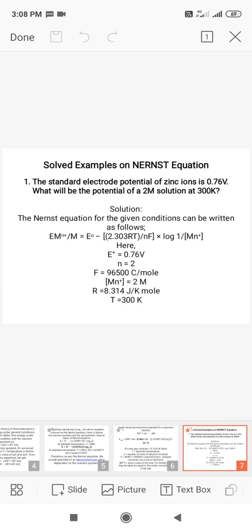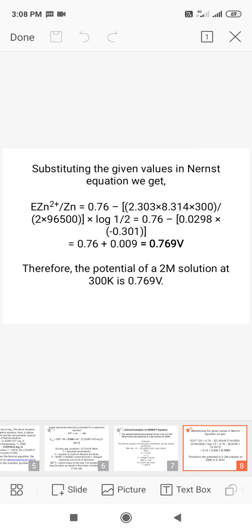By substituting all these values in the above equation, we get the EMF of the zinc electrode equal to the standard electrode potential of zinc, 0.76, minus 2.303 into the gas constant 8.314 into T, the absolute temperature 300 Kelvin, divided by n, the number of electrons transferred, in this case 2, into Faraday 96,500, into log of 1 divided by the concentration of zinc 2+ metal ions, that is 2 molar.